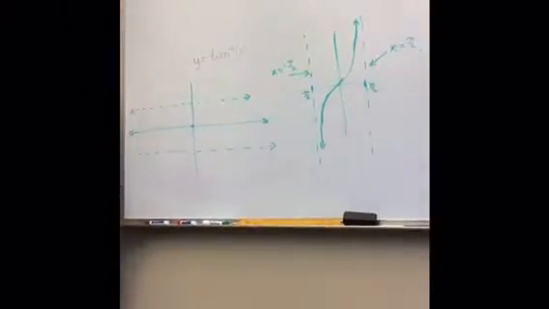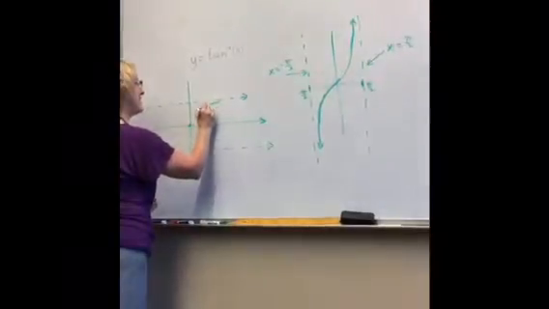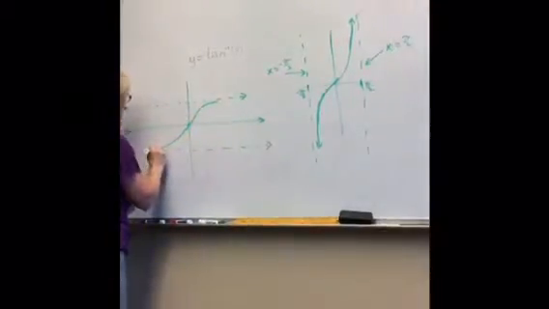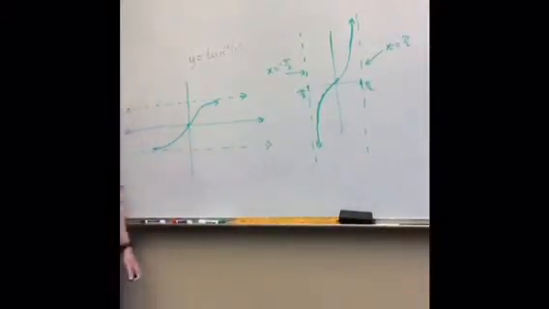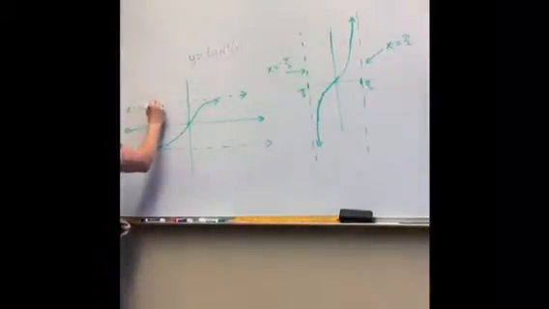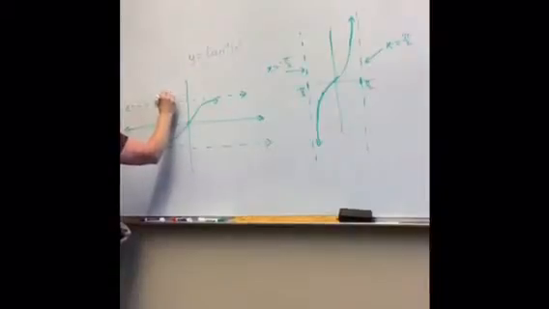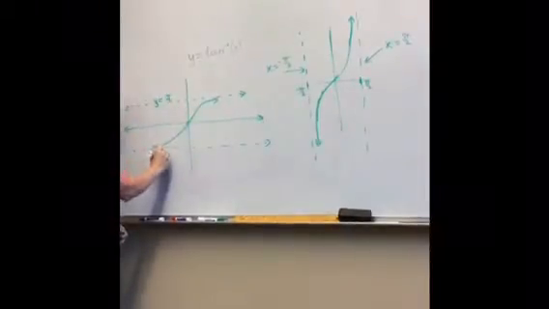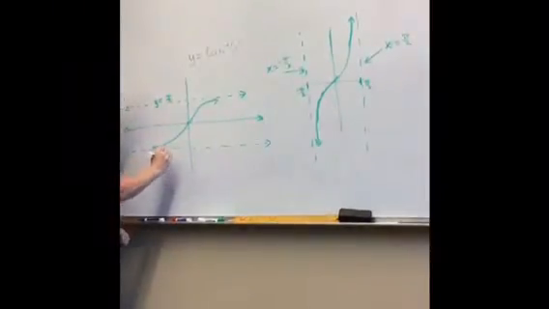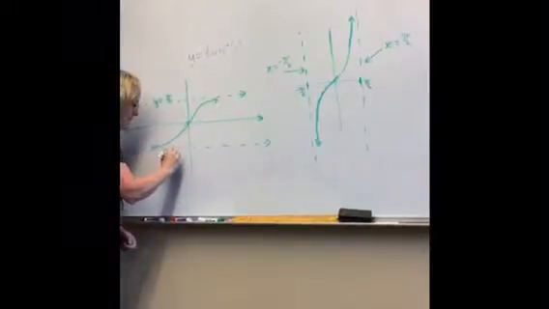Oh, because pi divided by 2 is 1.5. Okay. Now, do I just say the asymptotes are pi divided by 2 and negative pi divided by 2? It's y, so this line has an equation of y equals pi over 2, and this one has an equation of y equals negative pi over 2.